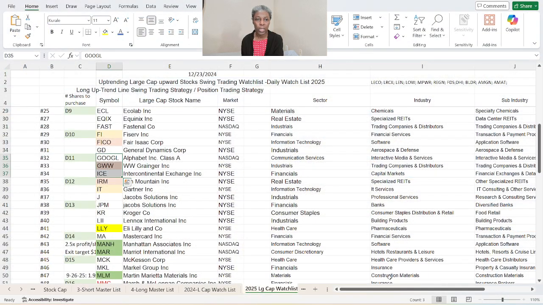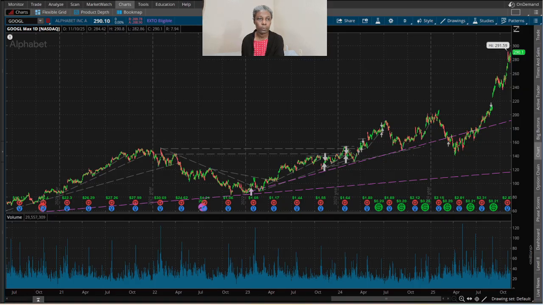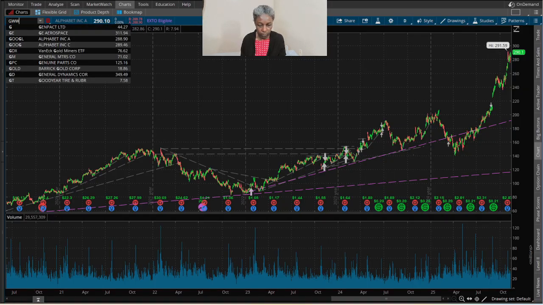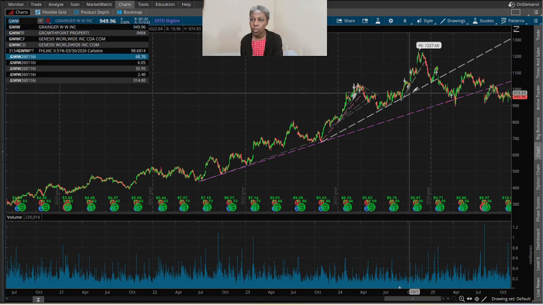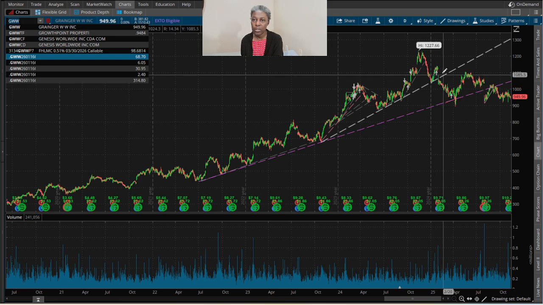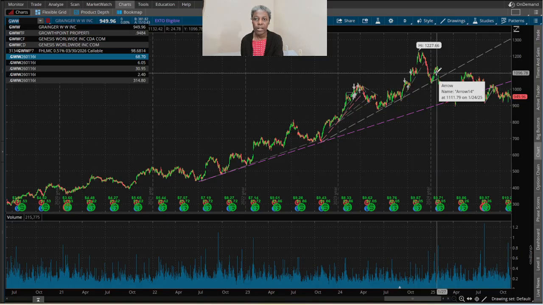The next one we are going to analyze is GWW. So GWW, we purchased it around this support line when it touched base before and started going up. After a few higher lows, we purchased it, but it was not enough.